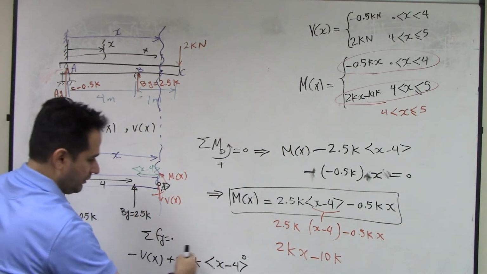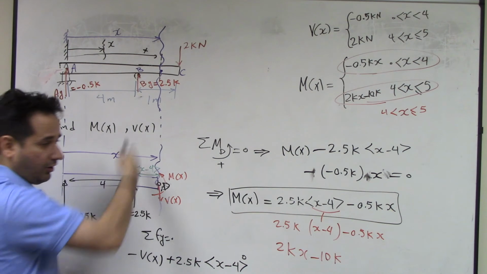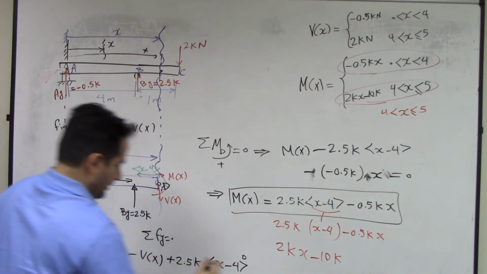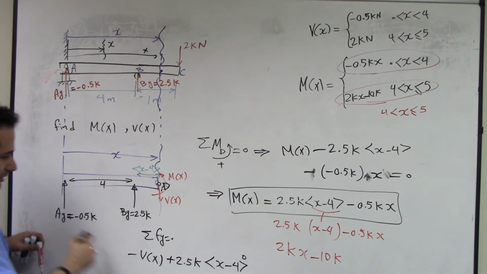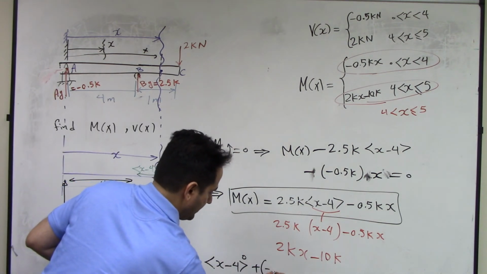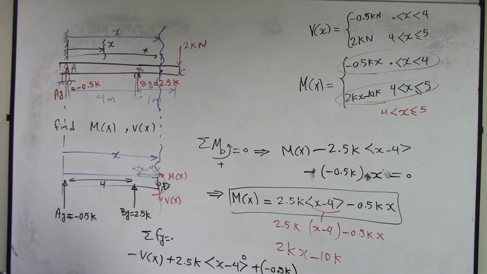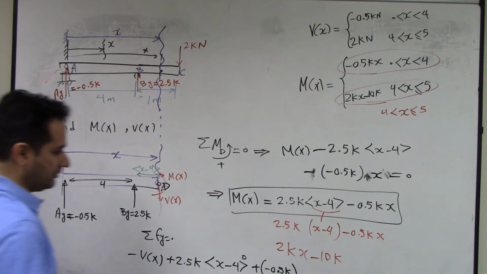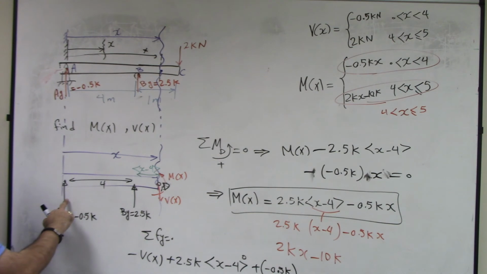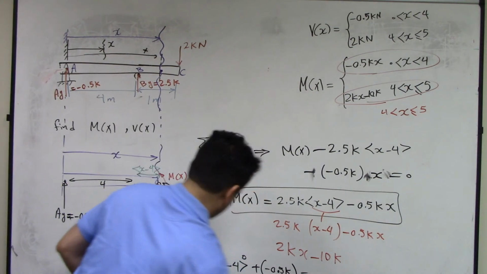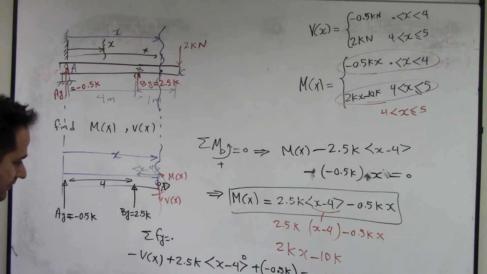So it's just like a switch that brings this 2.5 k up when you pass it. Then plus Ay, so plus Ay is negative 0.5 k, right, is equal to, this is always there, independent of x, is equal to 0.